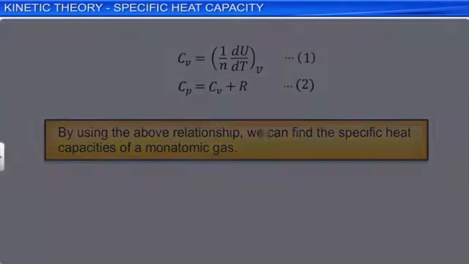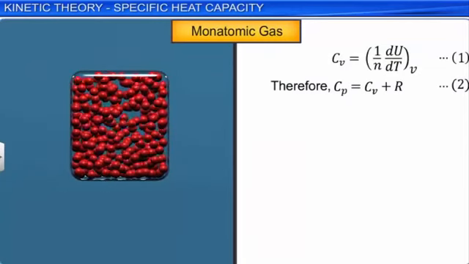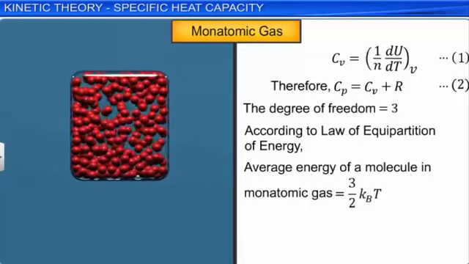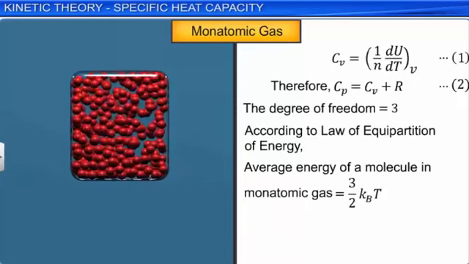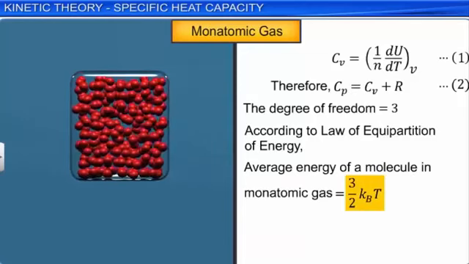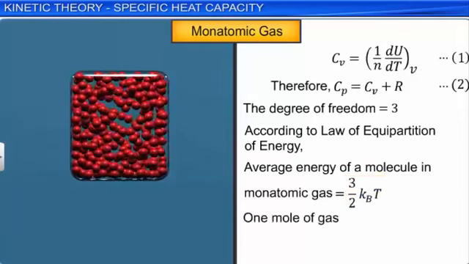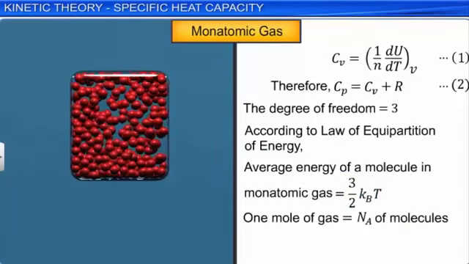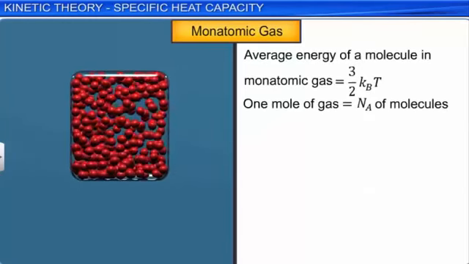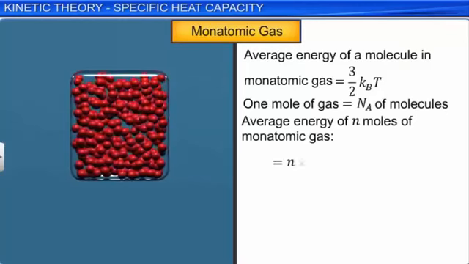In the case of a monoatomic gas, a molecule has 3 degrees of freedom. The average energy of the molecule according to the law of equipartition of energy is 3 by 2 multiplied by kBT. 1 mole of gas contains Avogadro's number of molecules. Then, the average energy of n moles of monoatomic gas is equal to n into Na into 3 by 2 kBT.